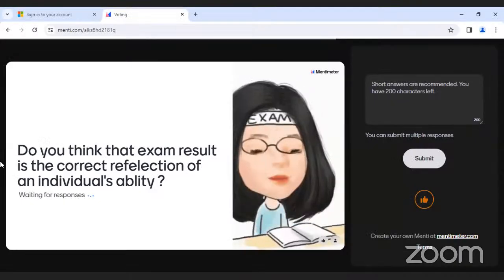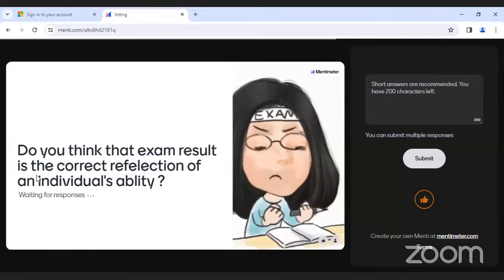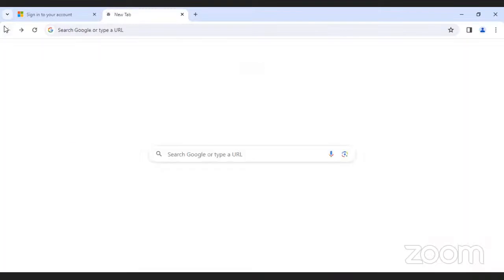In parallel, I'll open it here, and we can check the live responses of all the participants. So you open this window and respond to both the questions.